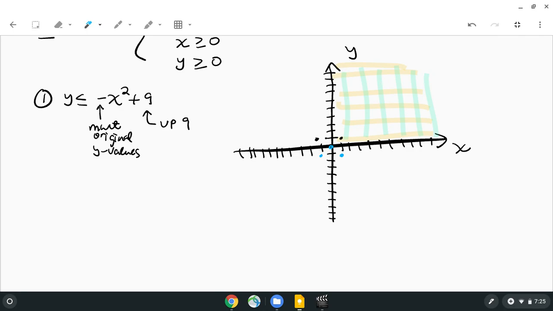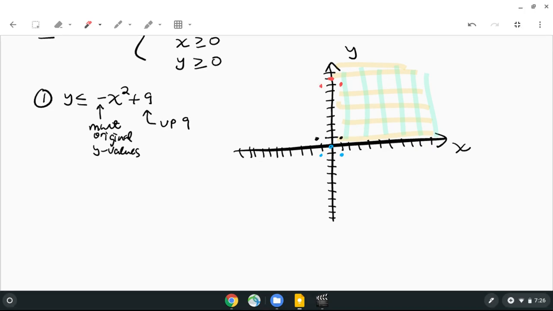Let me use red as my final. I'm going to take those blue points and shift them all up 9 units. So 1, 2, 3, 4, 5, 6, 7, 8, 9. And same thing with the other two.